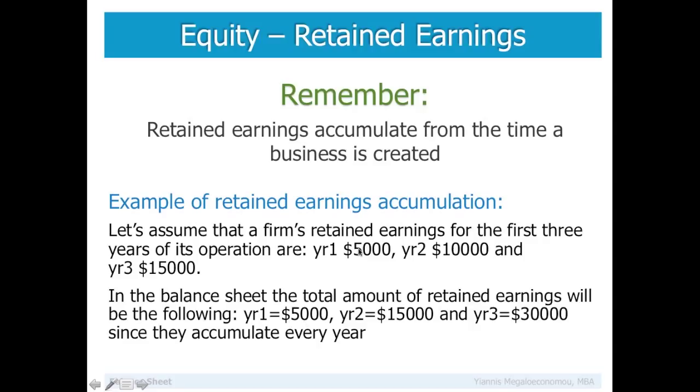Why? This is from year 1. In year 2 it will be $15,000. Why? Remember, accumulate. Year 1 plus year 2, 5 and 10 equals 15. And in year 3, it will be 30. Why? Because we accumulate all years of retained earnings. 5 plus 10, 15, plus 15, $30,000 of retained earnings for the first 3 years of its operations.